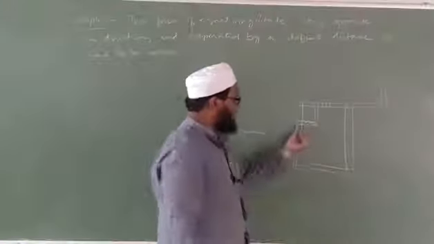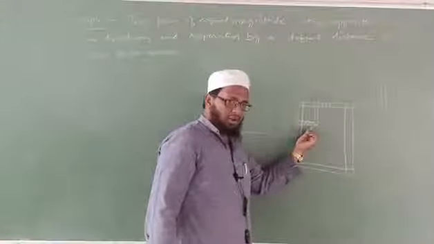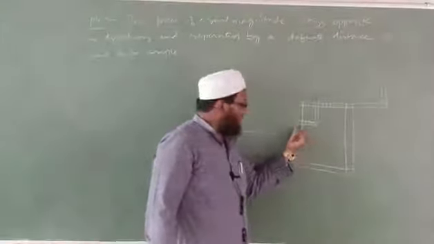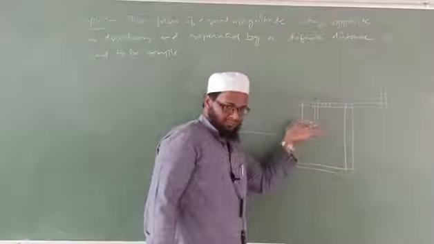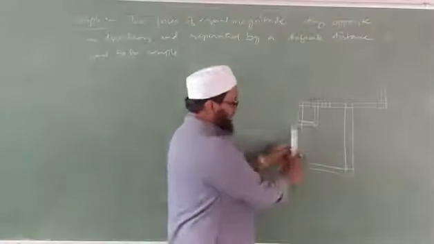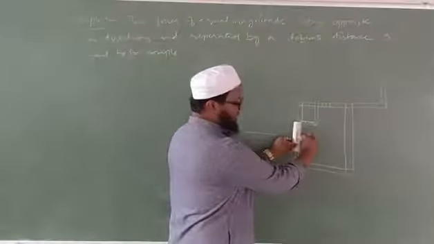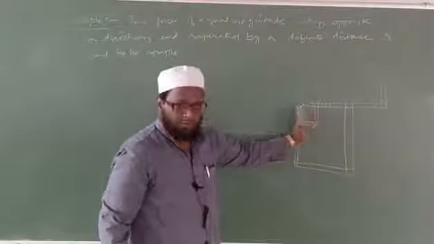What is the effect of this wall on this beam? My beam will try to tilt, rotate because of this weight. See, I am applying weight here. So the beam will try to rotate.